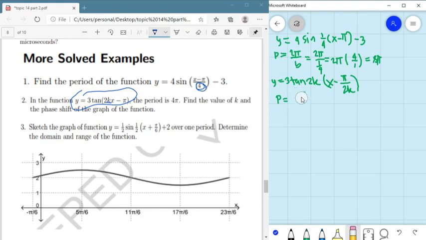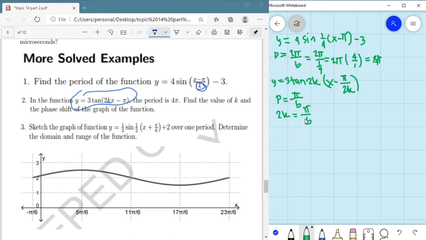It's pi. Right? If it is tangent, the period is pi over b. Sorry. And 2k will be equated to b.